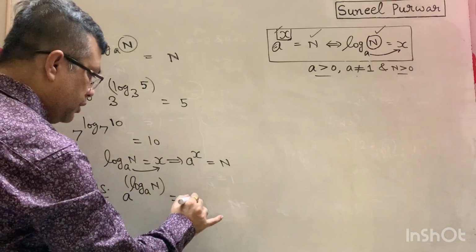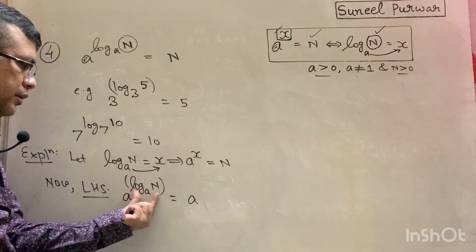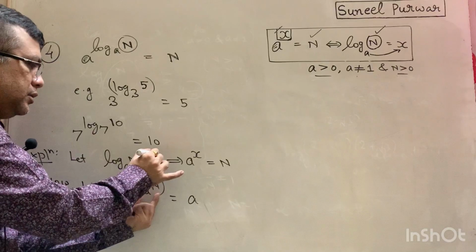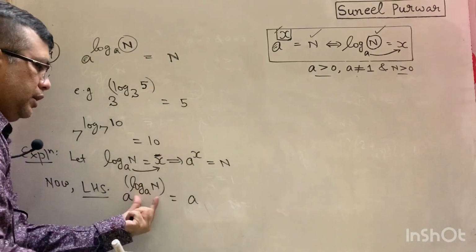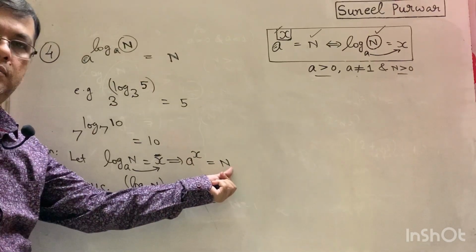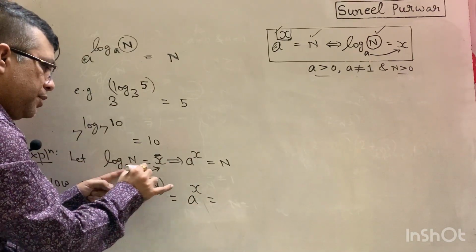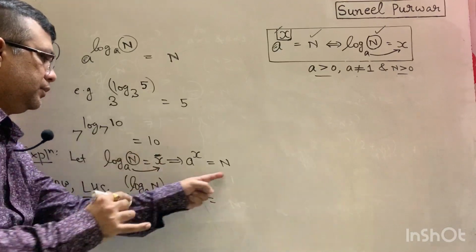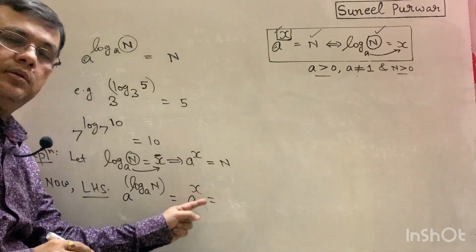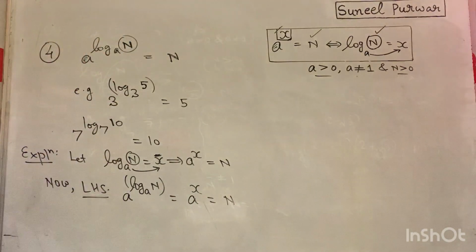So LHS will now become a to the power x. This number I have called x. So a to the power x. But what is a power x already? n. How did it become a power x equal to n? Using the arrow. So this is a power x, which is equal to n. So you see it is proved.